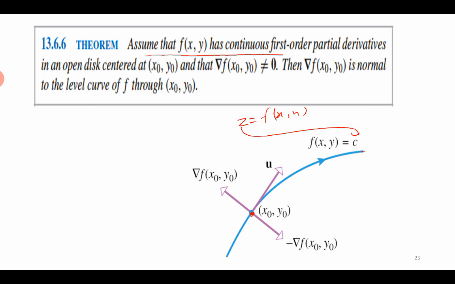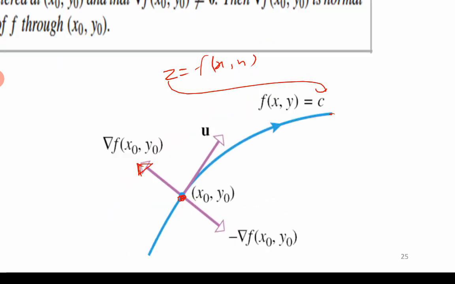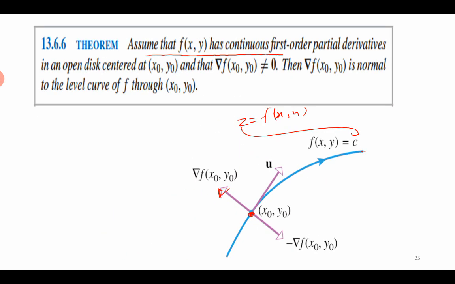So this is the level curve of the function, and at this point the gradient is its normal. For any surface you can find its normal vector by finding its gradient. When you convert this into a unit vector by dividing by its length, you get the unit normal vector for any curve.